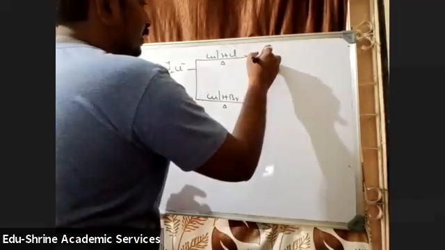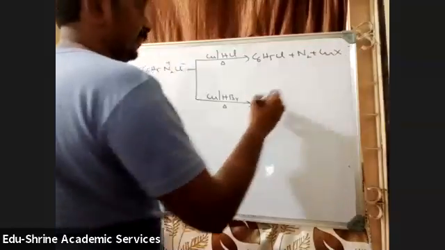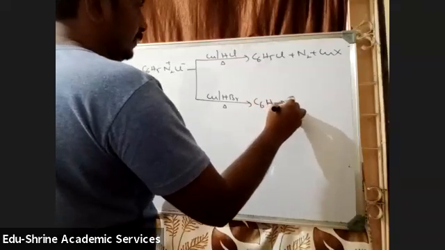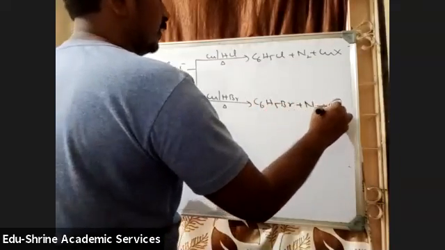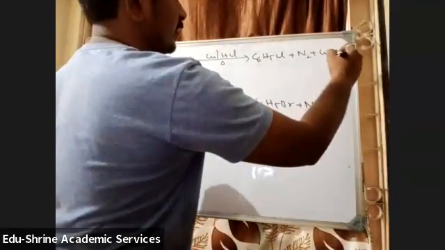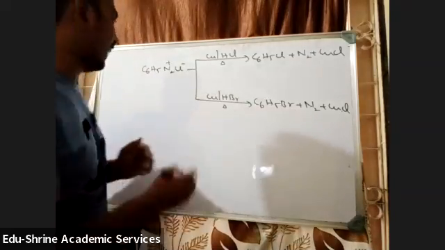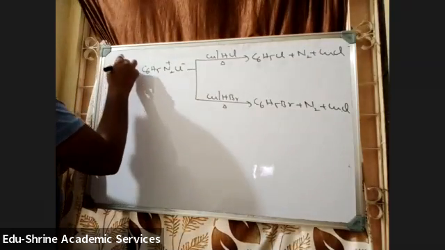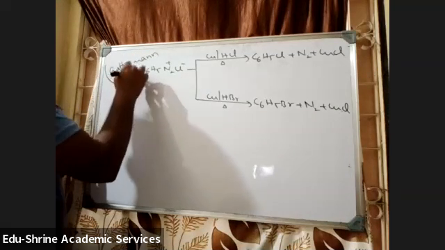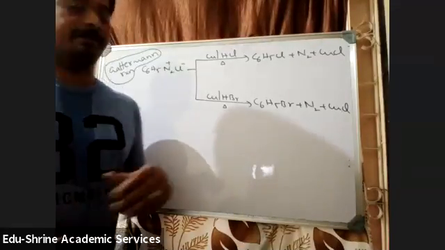You will get C6H5Cl plus N2 plus CuX. In the same way, C6H5Br plus N2 plus CuX, where X means chloride. So this reaction is called the Gattermann reaction.